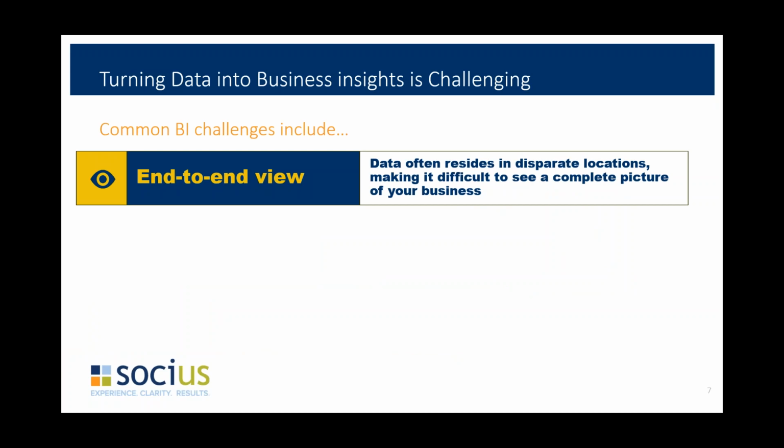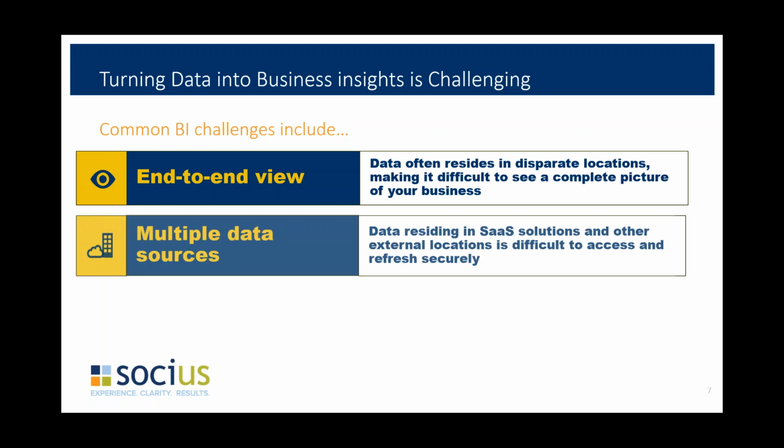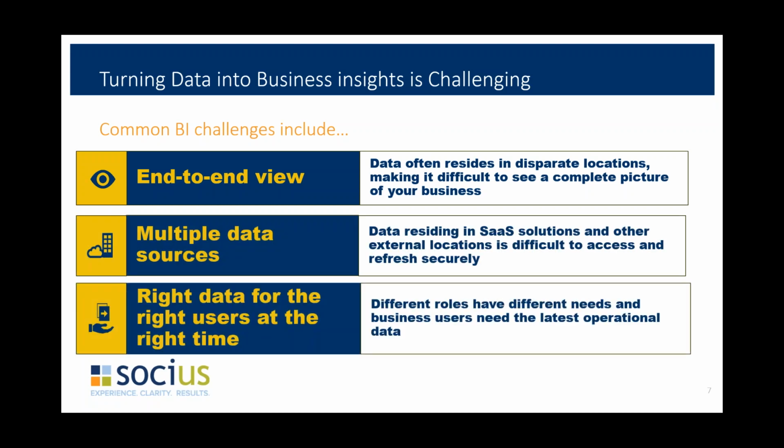Some of the common challenges with business intelligence in any system, whether it's your GP database or any source system or operational, is really getting an end-to-end view of your data. Basically, a complete picture of the business. It could be a financial report or an operational report, but the two may or may not tie together. Then there's having multiple sources of data.